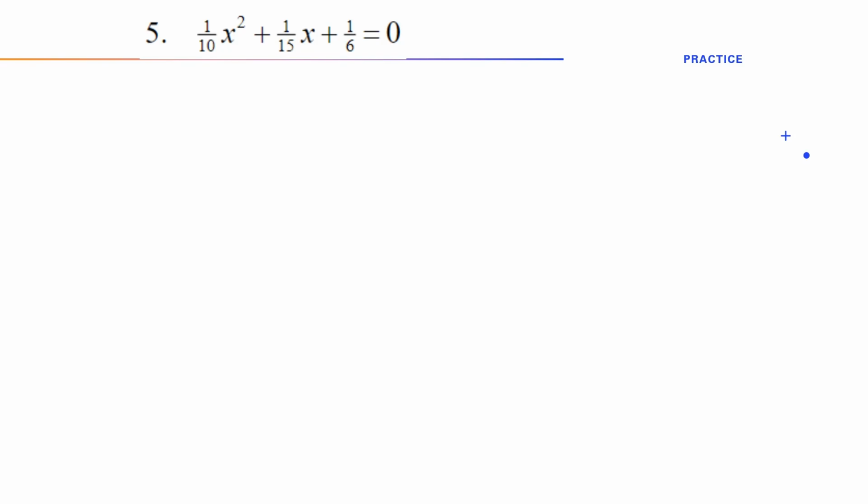Number 5. Remember how we find the least common denominator? For every single denominator, we write it down and break it into small blocks at prime number. So like 10 equal 2 times 5. What is the prime number?